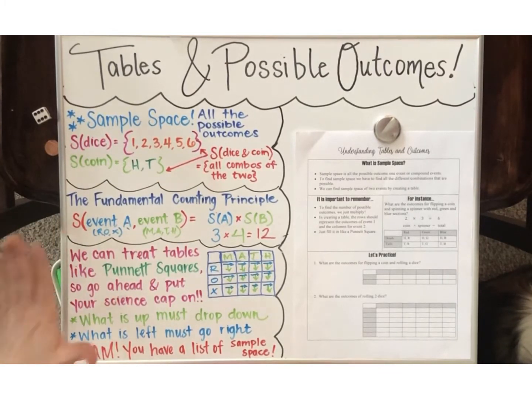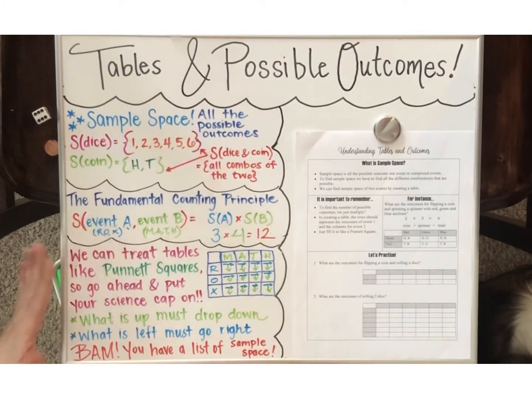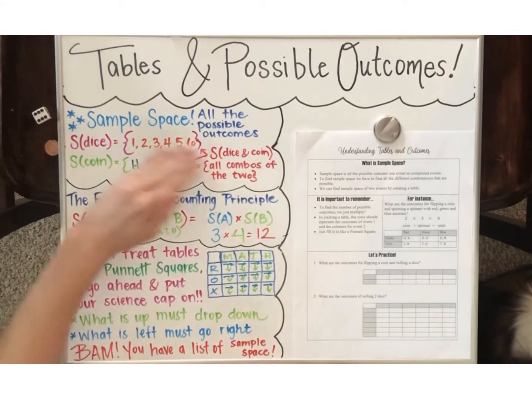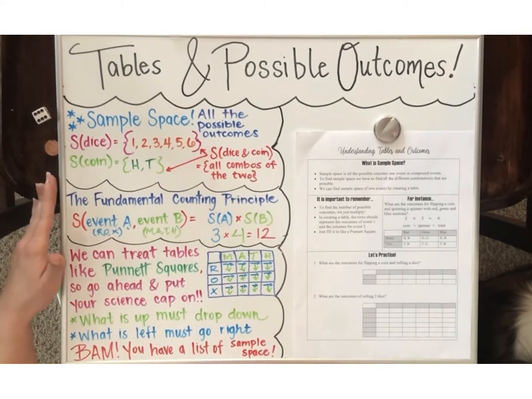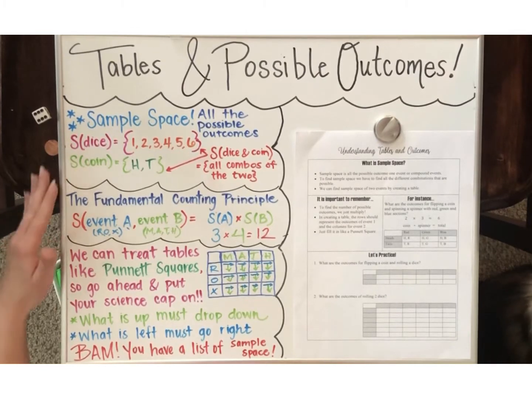Now, if we are doing compound events, say you were looking for the sample space of a dice and a coin, this would be all possible combinations of the two. And we can find the number that would be inside of that sample space by using the fundamental counting principle.